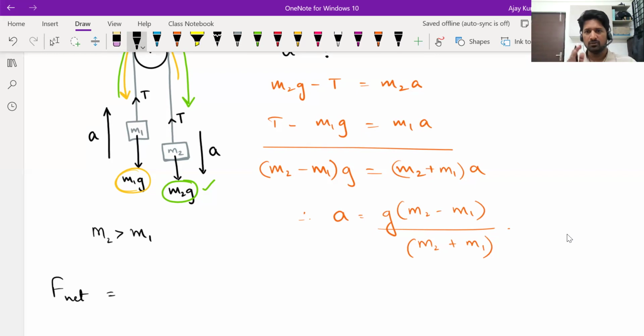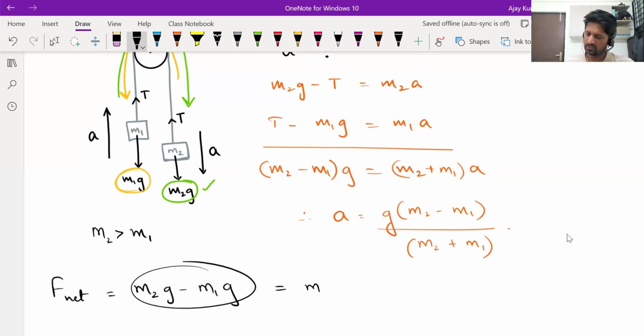So the net pulling force can be taken as M2G minus M1G, and this has to accelerate both the blocks. So you can write this as M2 plus M1, total mass, into A. From there also you get acceleration as M2 minus M1 into G by M2 plus M1.